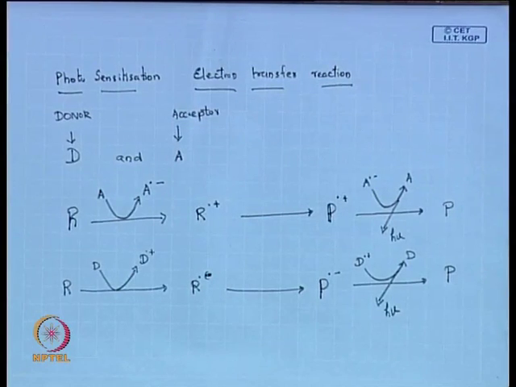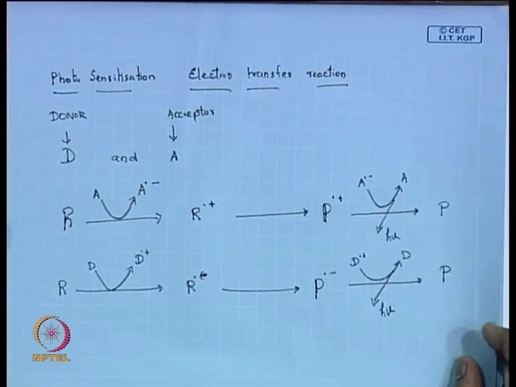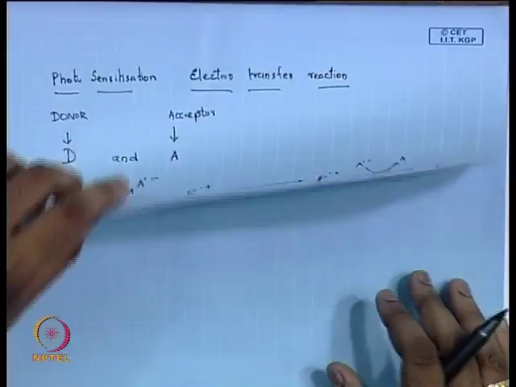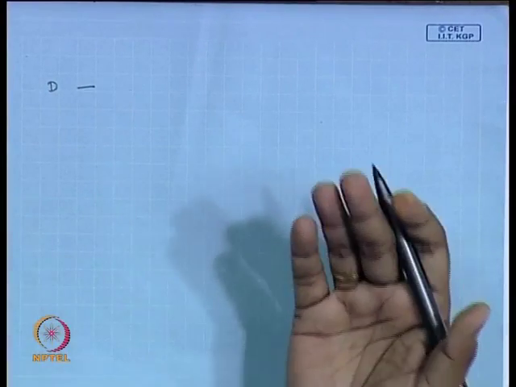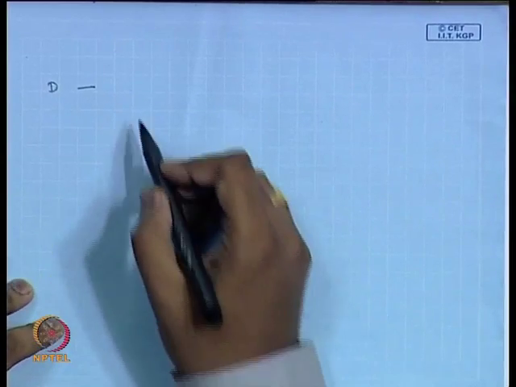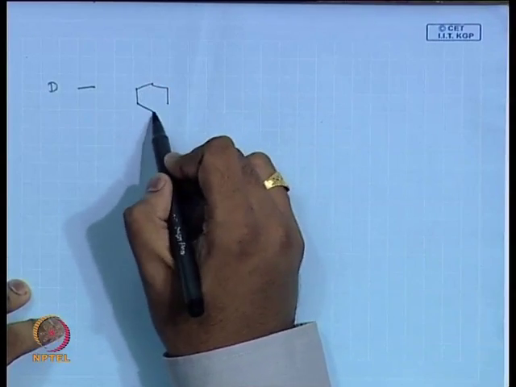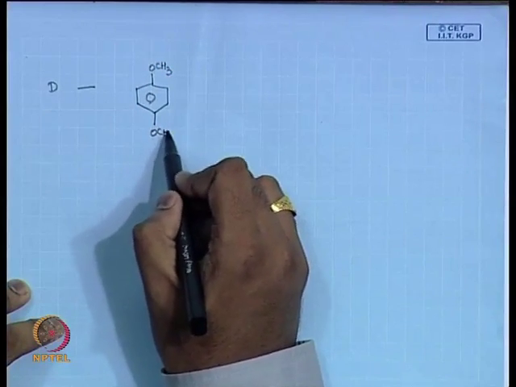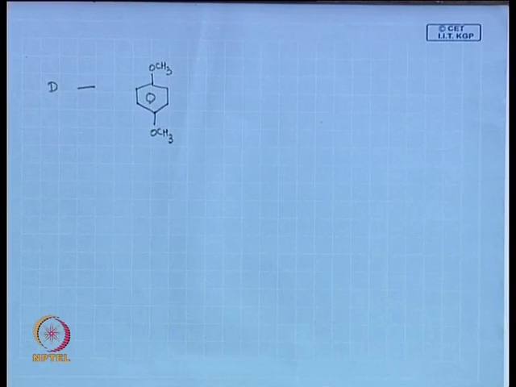Okay. Now we will see what these acceptors and donors normally look like. What are these molecules for acceptor and donor? See, if you want to do a chemistry around 254 nanometers or something like that, then I can think about a donor of 1,4-dimethoxybenzene, which works nicely, a very good donor, okay.